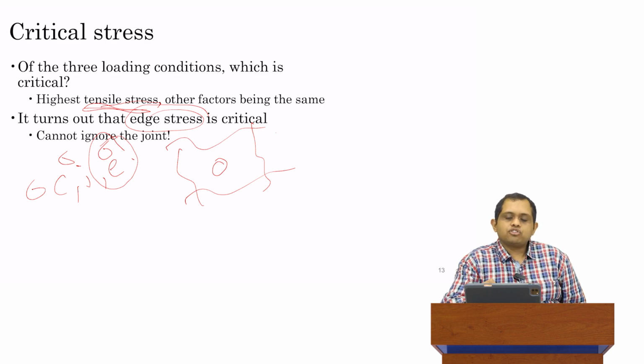So there's no effect of the joints. This is actually fairly close to layered elastic analysis. So if I have an interior loading condition, which I can solve using Westergaard solutions, or I can solve using layered elastic analysis, which we use for flexible pavements, you can try solving this. It's not particularly difficult. What you will see is that the solutions are not very different from each other. They are comparable in terms of the stresses.